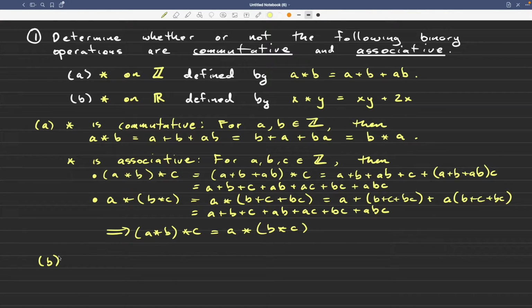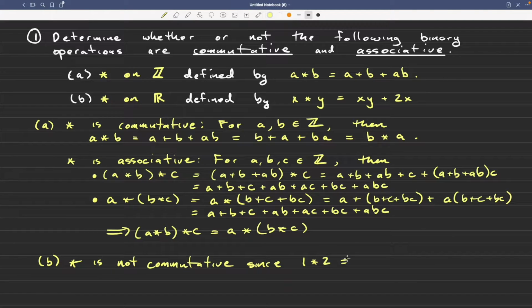I don't believe star would be commutative because it seems like X has a different role to play than Y does in that formula. So it stands to reason that trying to switch it will change the value. So let's see if we can find some values that serve as a counterexample. So star is not commutative since, it looks like just about anything you would pick would work, but let's try 1 star 2.